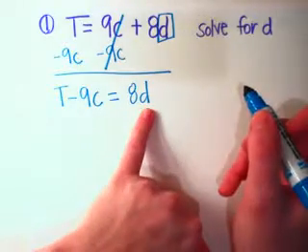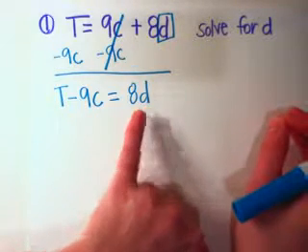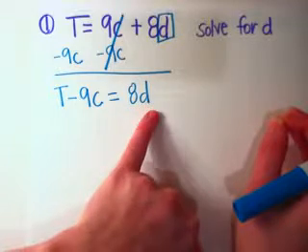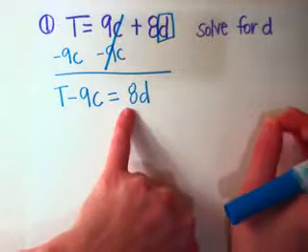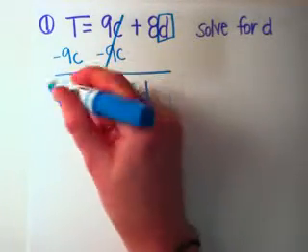Now remember, my goal is to get d alone, to get the equation in d equals form. So if I look over here with the d, I see that the coefficient of d is 8. And to get rid of the 8, I can multiply both sides by 1/8.